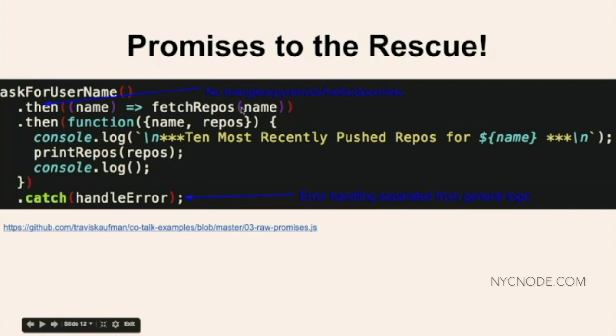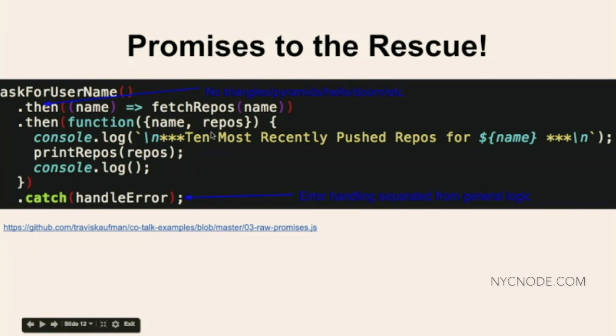And notice that we've changed fetch repos a little bit, so now we return an object consisting of a name and a repos key, which has the name and the repos values, which we can then use to print the repos. And then at the end, we can catch throughout the entire promise chain by calling the .catch method and passing it handleErrors.